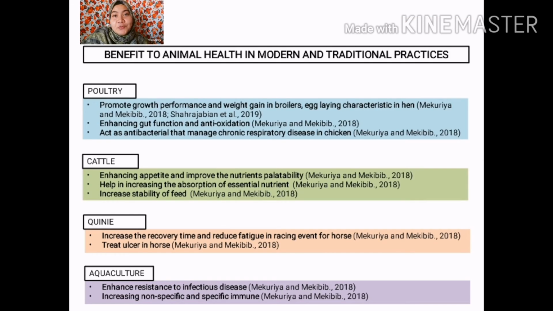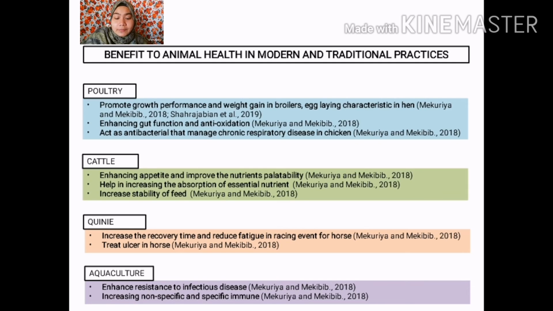And then we go to the benefits of ginger to animals. In poultry, ginger is basically used to promote growth and weight in broilers, and it also acts as an antibacterial to treat respiratory disease in chicken.